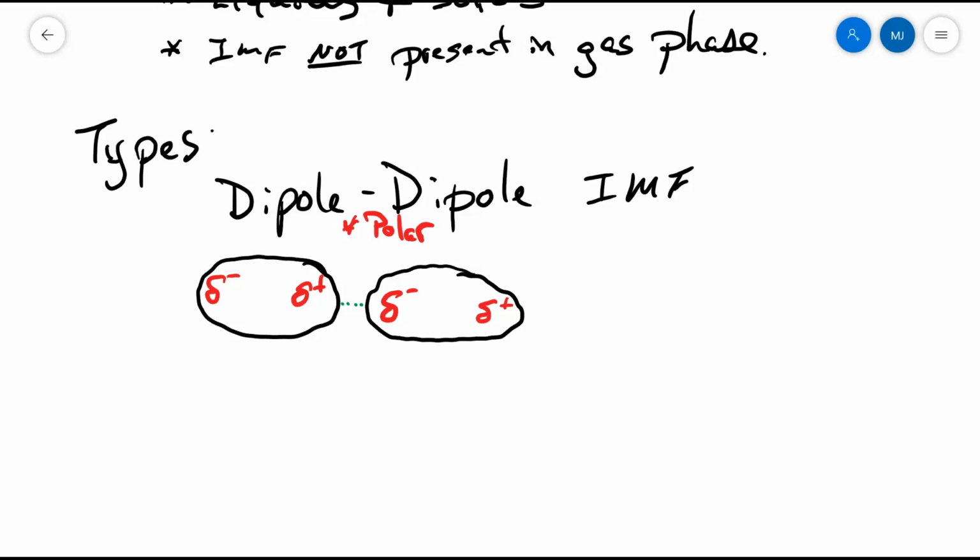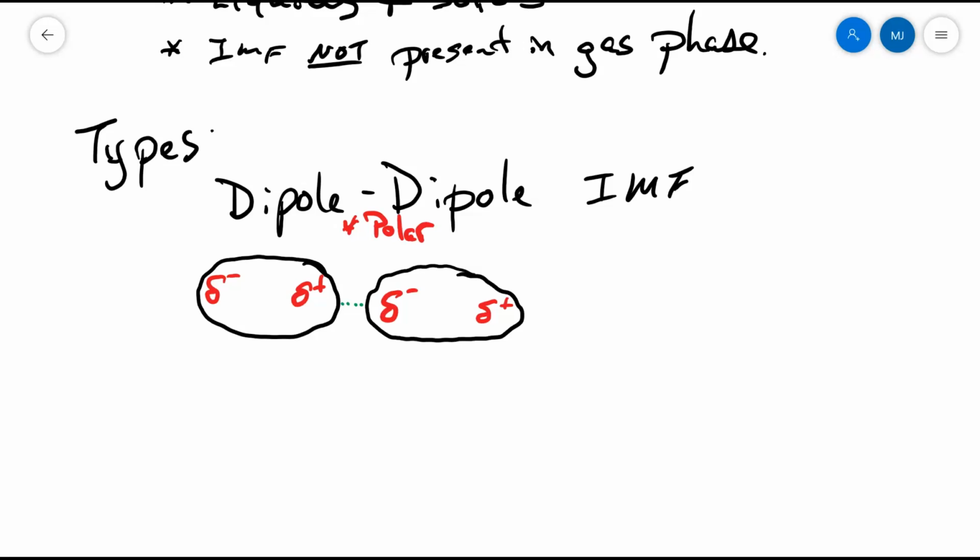We've got these charged regions on molecules that line up with one another, opposite charges aligning, and that creates this intermolecular force. Now, the stronger the polarity of the molecule, the stronger the intermolecular force.